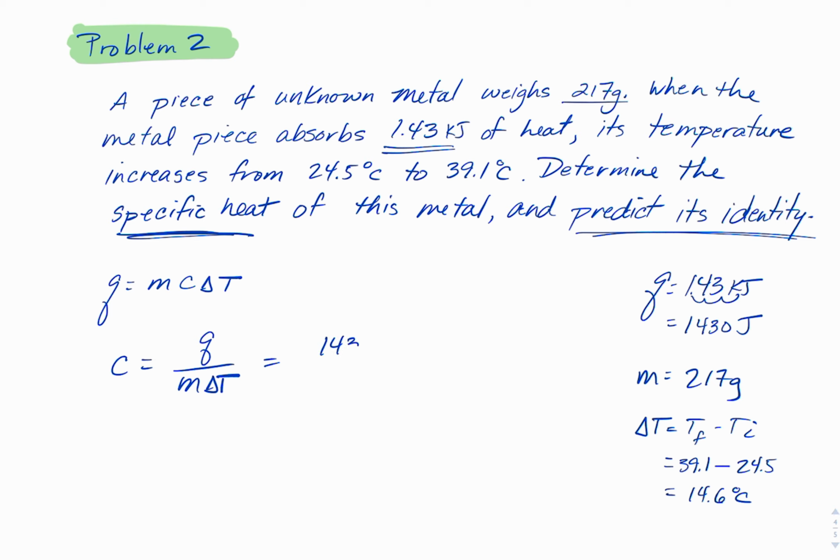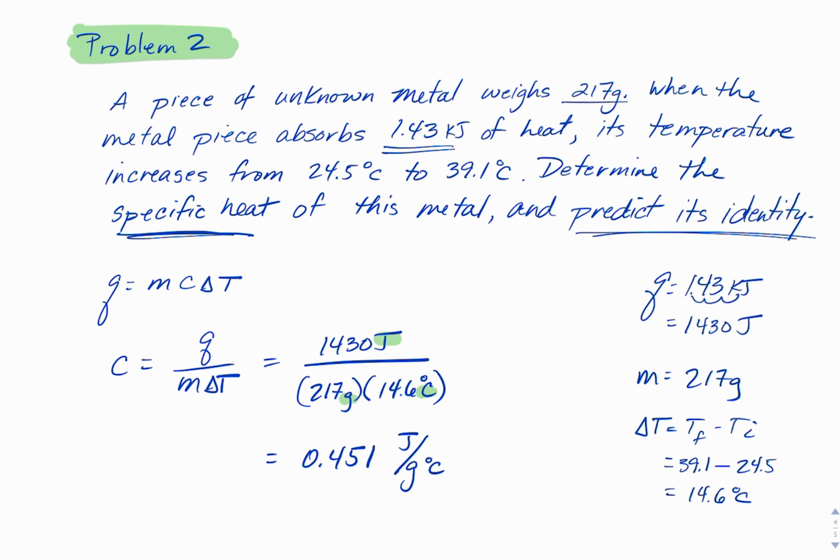So 1430 joules, our mass 217 grams, temperature delta T is 14.6 degrees C, and then our specific heat should end up being a value of 0.451, rounded to the third significant figure, joules per gram degrees C, because none of these units cancel. So they all belong in the unit.